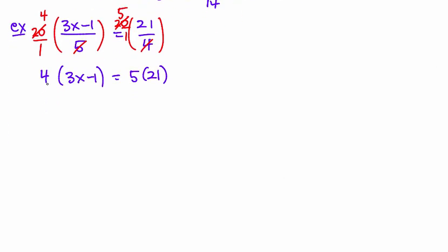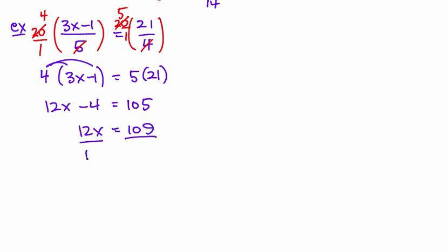So in this case, I then use the distributive law. 12x minus 4 is equal to 105. I add 4 to both sides. That gives me 109, and I divide both sides by 12. And that gives me 109 over 12. And then you can check and see if 109 and 12 can reduce. 12 is divisible by 2 and 3, 4 and 6, but 109 isn't even.